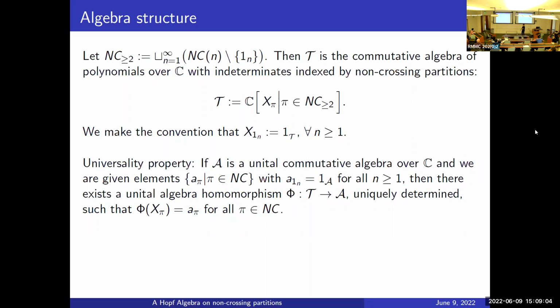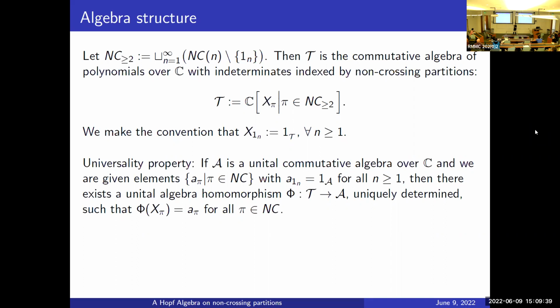Okay, so then, yeah, we have a universality property of this algebra. Whenever I have elements of some unital commutative algebra A, indexed by non-crossing partitions, I need to restrict the value on the 1 block partition to be the unit of the algebra.